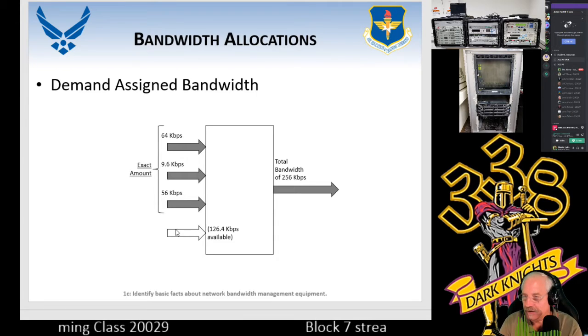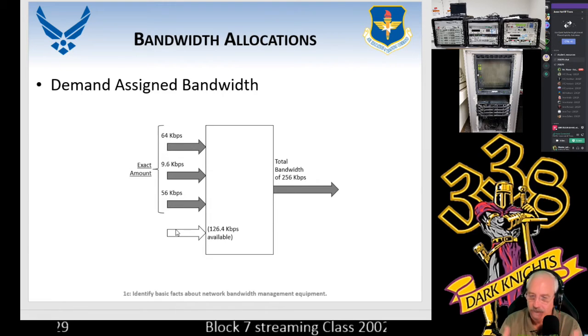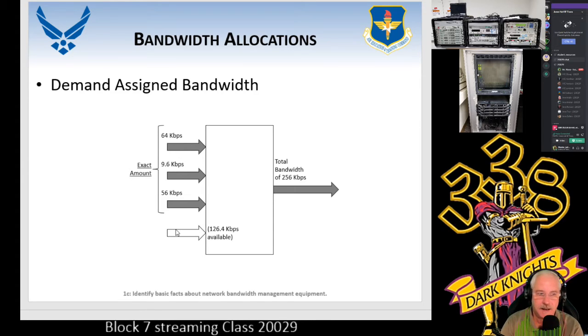When everybody is on, especially you guys in the dorm, it's going to get massively saturated with all that information wanting to get online. So with demand assigned, you've got one user with 64K, another user with 9.6K, another user with 56K. So you have 126K left over, but you still have 256K to fill up.